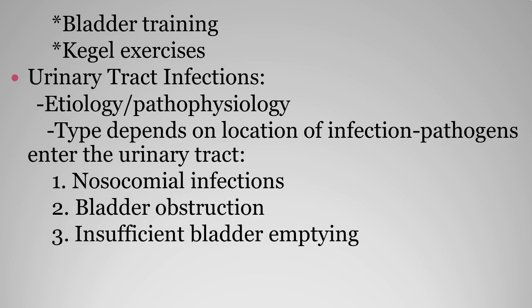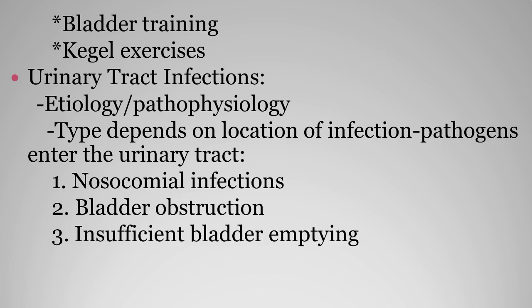So we'll get into some of these ways in which we can help patients with some of the different types of urinary incontinences, and then really talking about urinary tract infections. The reason this is a very important topic is we are very concerned about the elderly, because in many elderly patients, things start to change as far as thirst sensations.